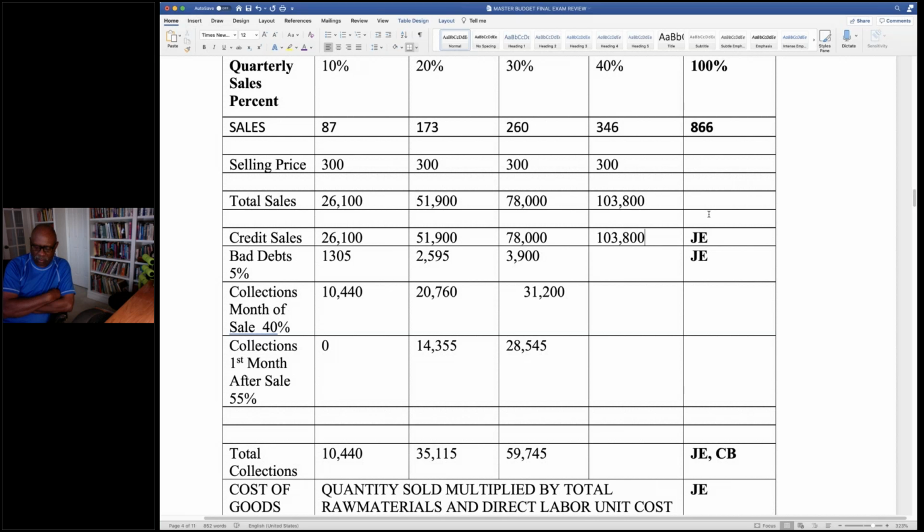The bad debts, 5% of our sales, would be 5,190. So then 40% of our sales would be 41,520.